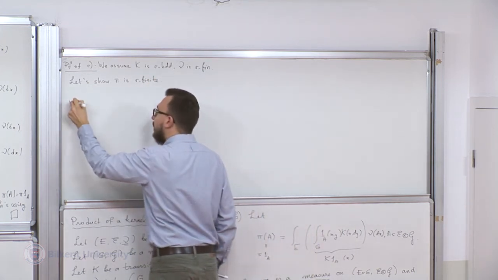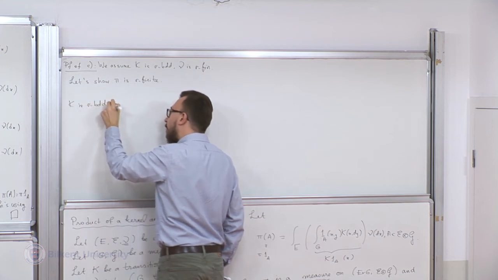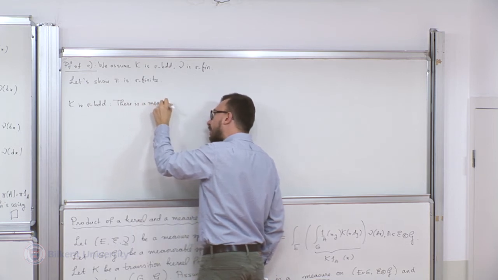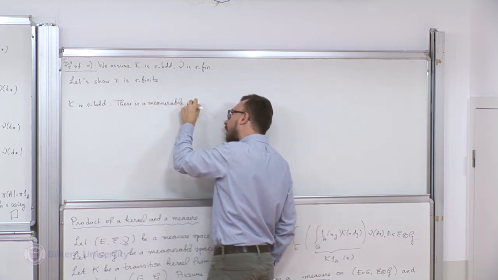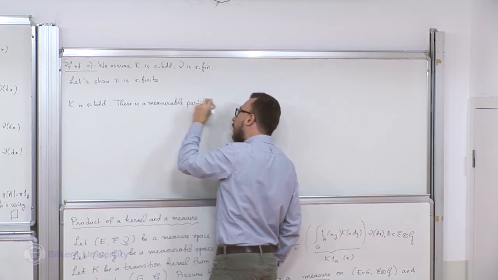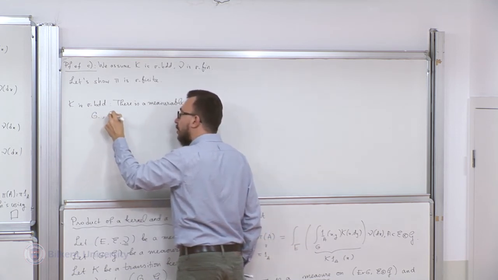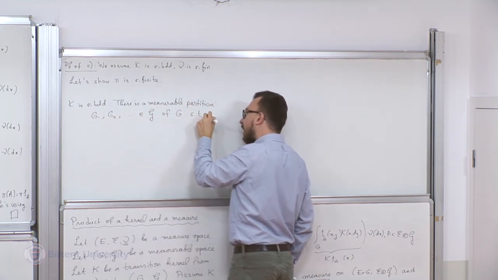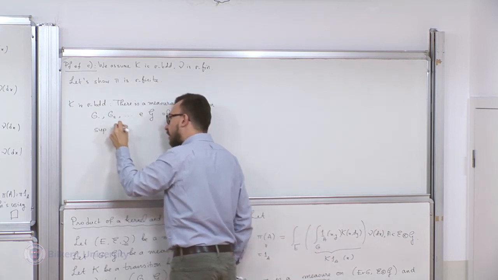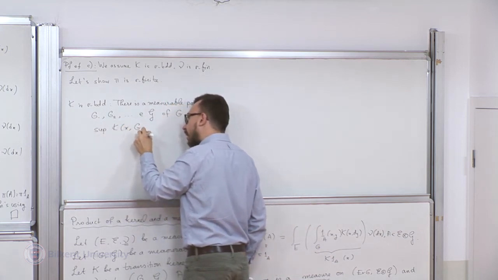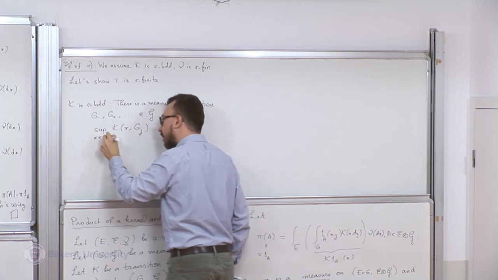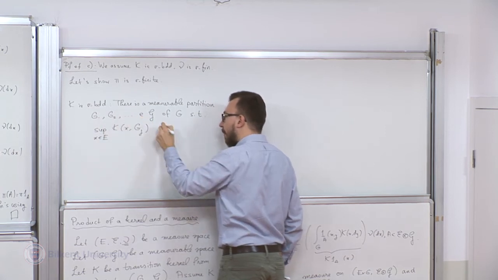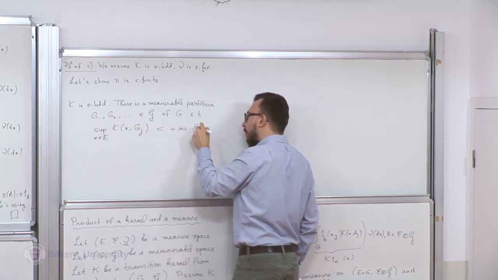So K is sigma bounded means there is a measurable partition G1, G2, etc. of G such that the kernel is bounded over each of the sets in the partition for all j.